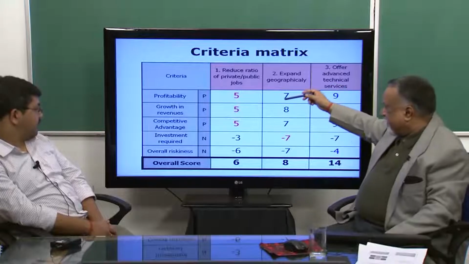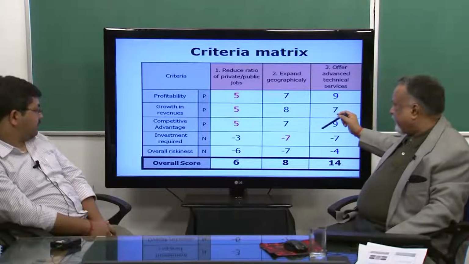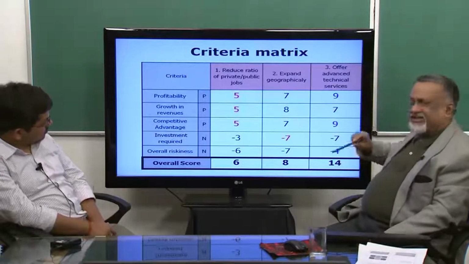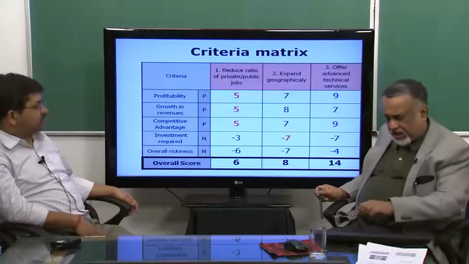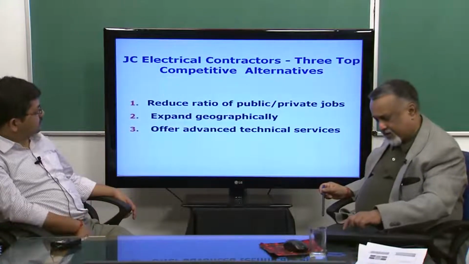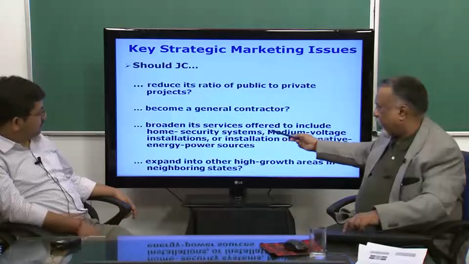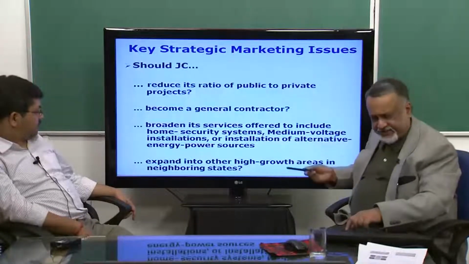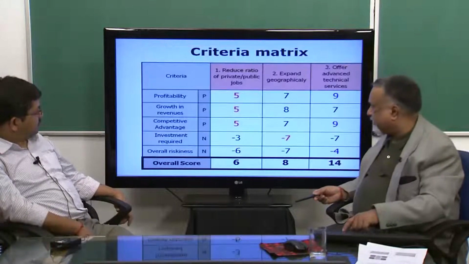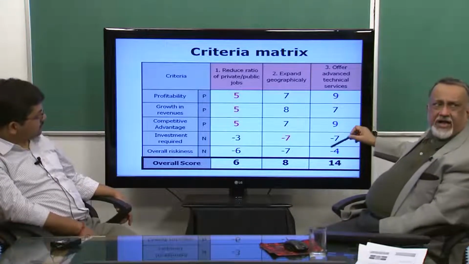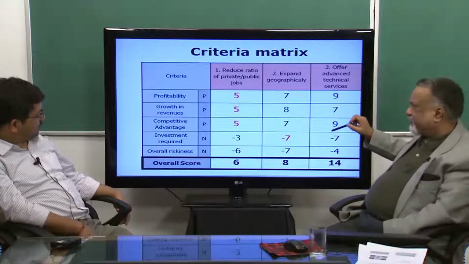By doing this analysis, we can see that advanced technical services, like medium voltage, alternative energy or getting into home security systems, will perhaps give the best strategy at this moment to JC Electrical.